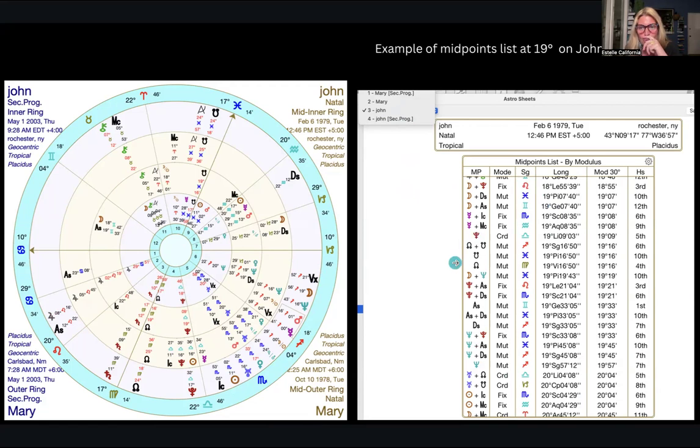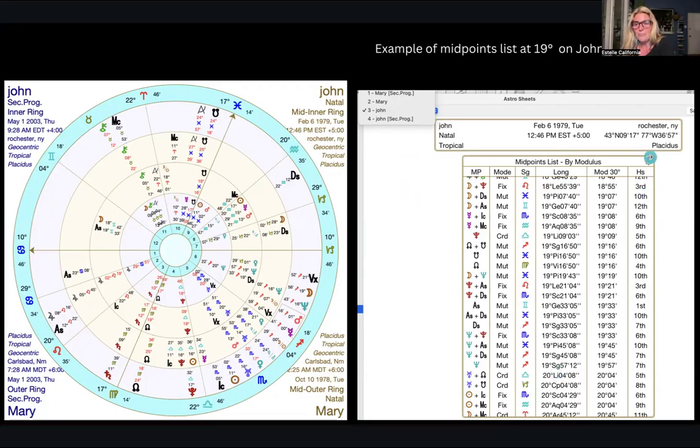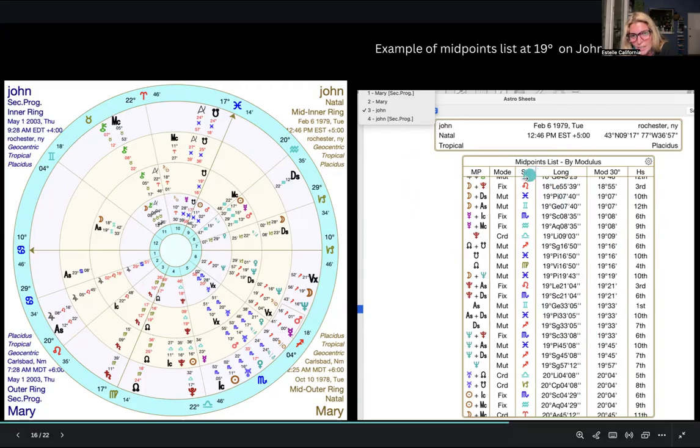So look at that. I just pointed that to show you the list of points and midpoints in John's charts at 19 degrees. Isn't that beautiful? You can do it at 19 degrees and you see them by mode, but I did put them all together at 30 degrees, so you can see them all together.